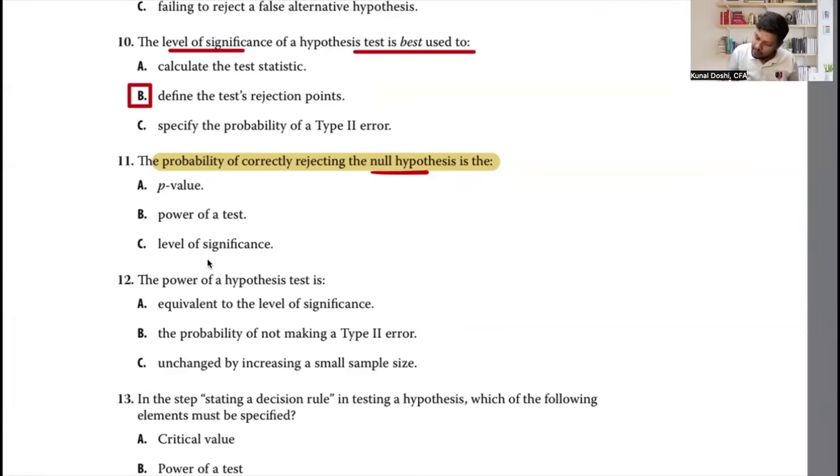And that 1 minus type 2 error is called the power of the test. It tells you how powerful your test is. Remember, our objective is to reject the null. If you've correctly done that, 1 minus type 2 error, that's called the power of the test. Got it?